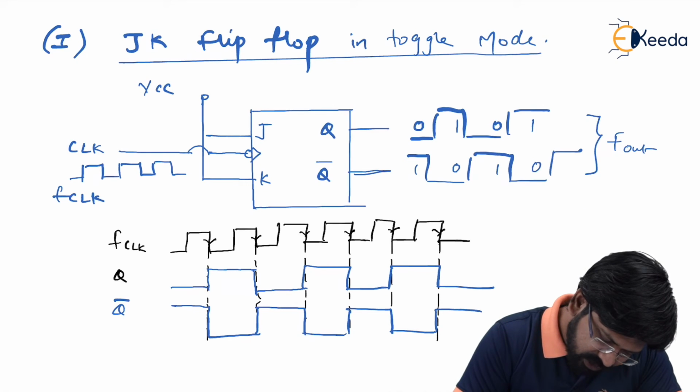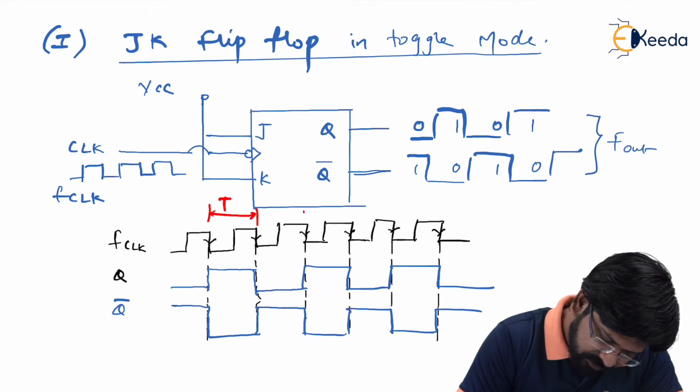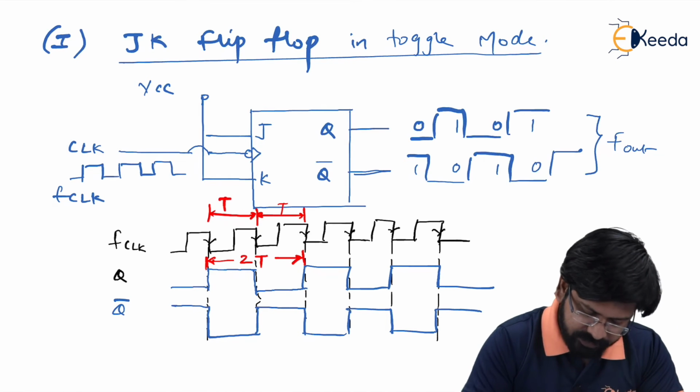So what you can see here is, let us assume this negative half and positive half, or T off or T on, which consists of T. So every duration will be nothing but T. And when it comes to output frequency, as you can see, this is nothing but one cycle. So as you can see, the length of this is 2T. Is that right?